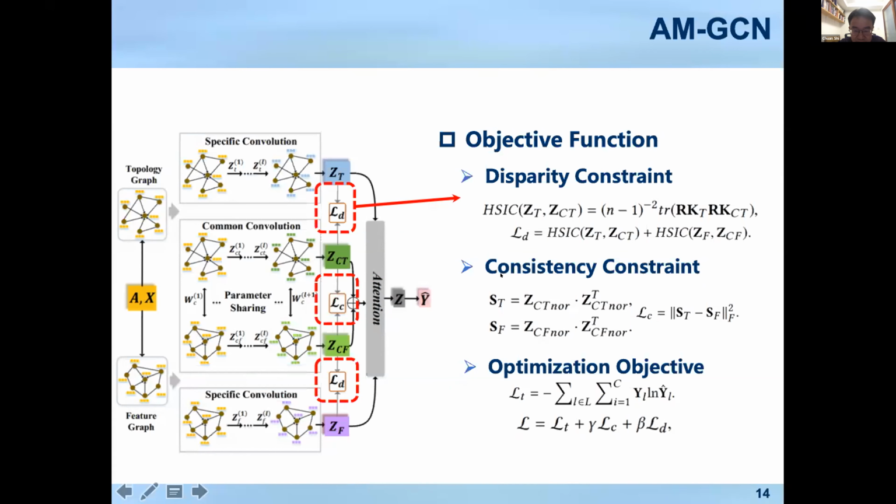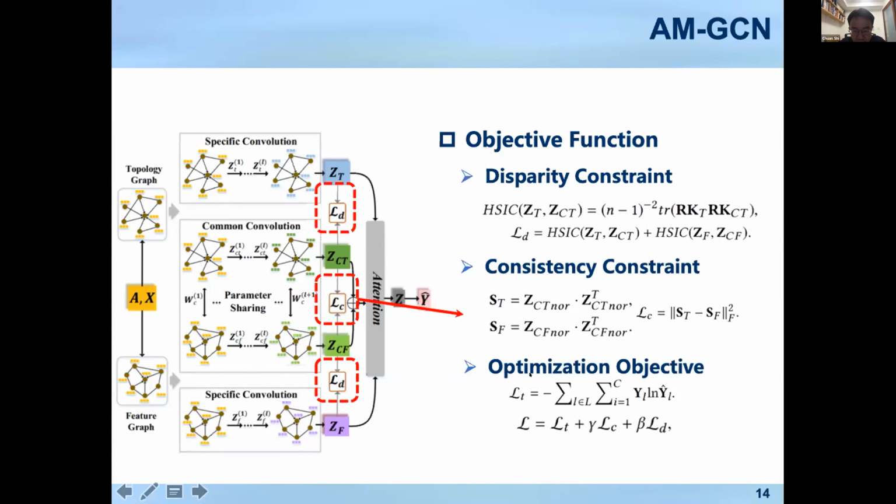And the consistency constraint makes the common embeddings from the topology graph and the feature graph close with the L2 distance.